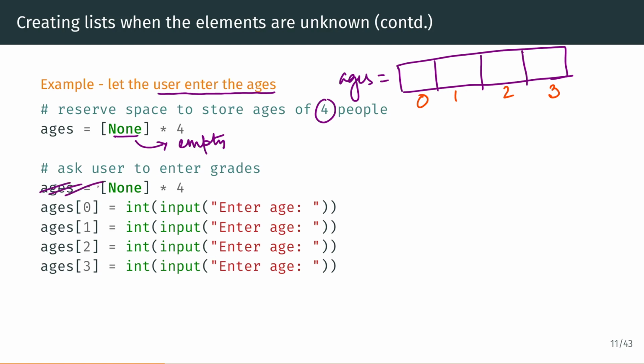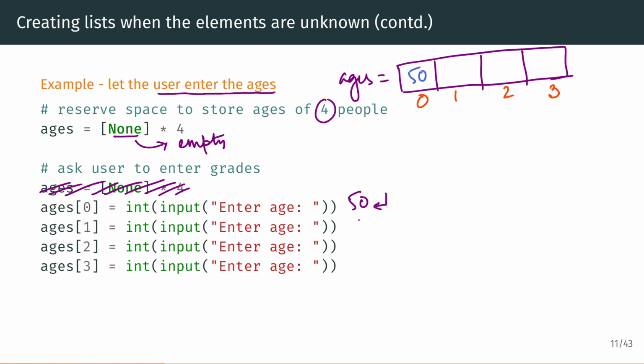Now we ask the user to enter the ages. So we say ages[0] equals input, enter age, ages[1] equals input, enter age. Let's say the first time the user enters 50 and hits the carriage return. So ages[0] would be 50, the first item is filled up.